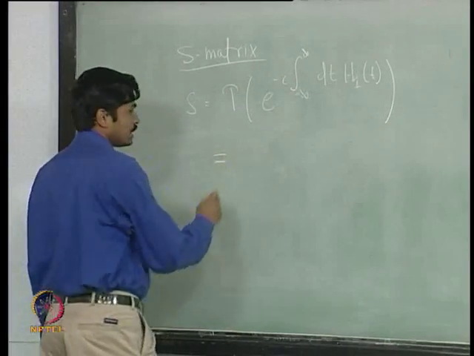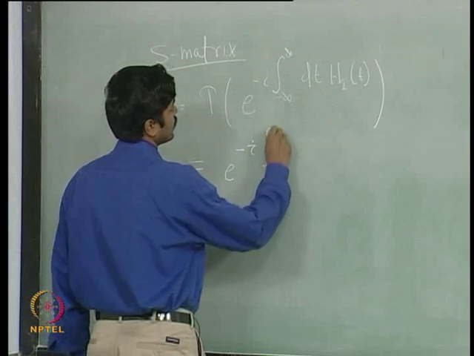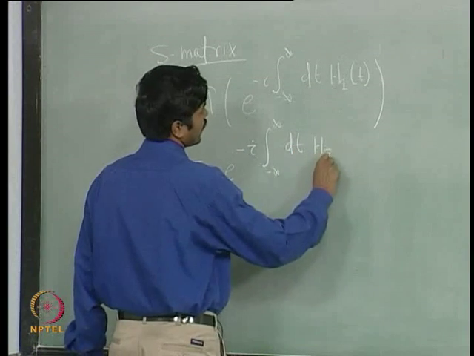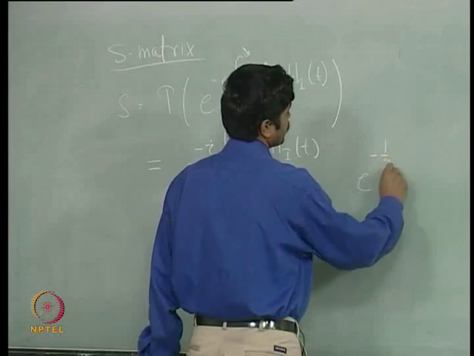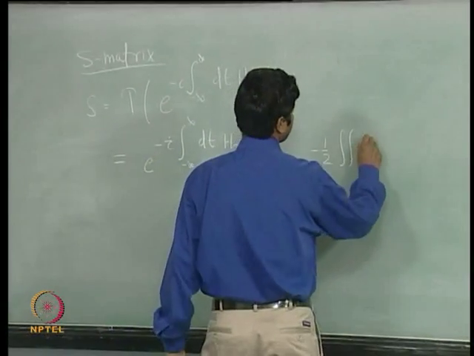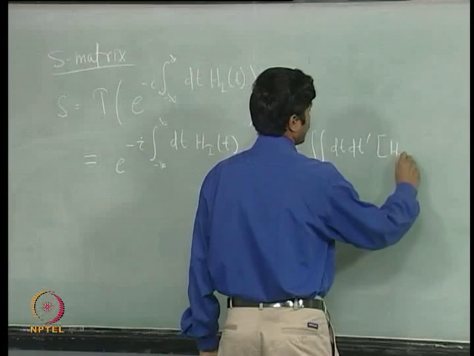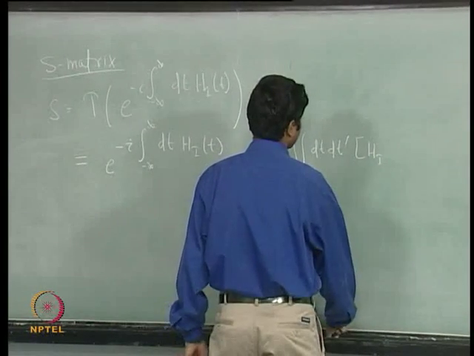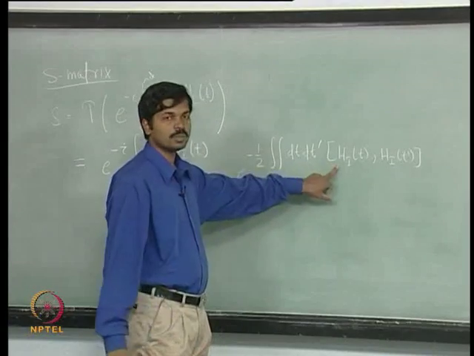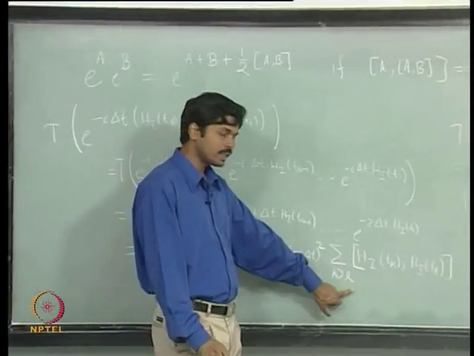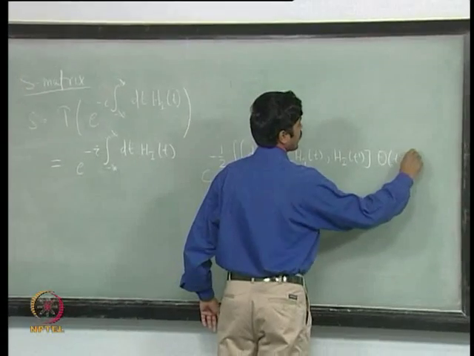So, in this limit this is given by e to the power minus i integral from minus infinity to infinity dt H_I of t, and then e to the power minus half integration dt dt prime commutator of h_I of t, h_I of t prime, but that is not sufficient because here I have to impose this restriction, that is equivalent to imposing theta of t minus t prime.